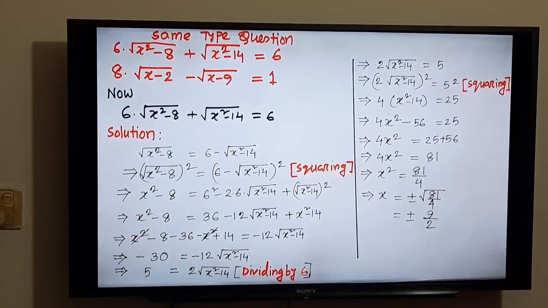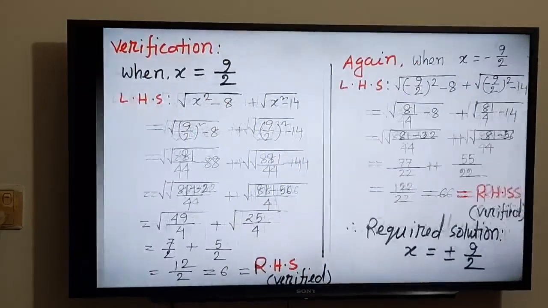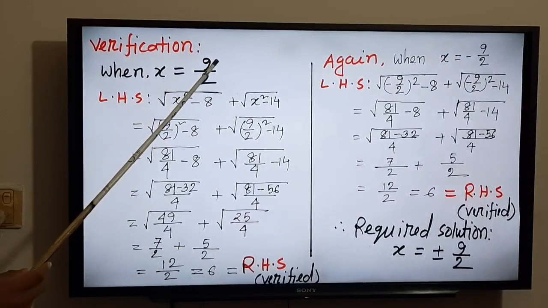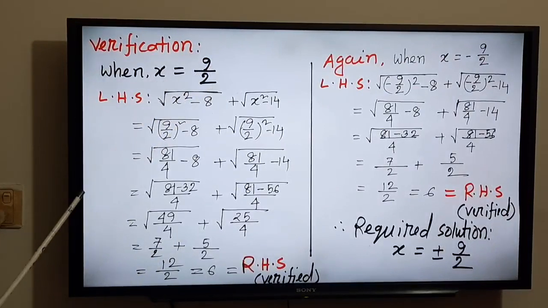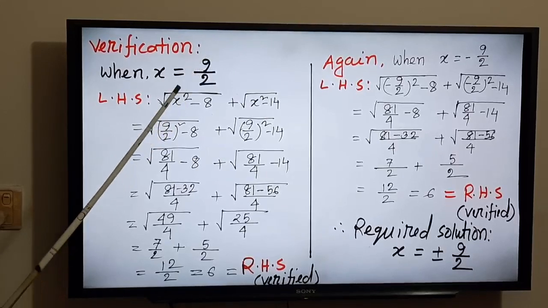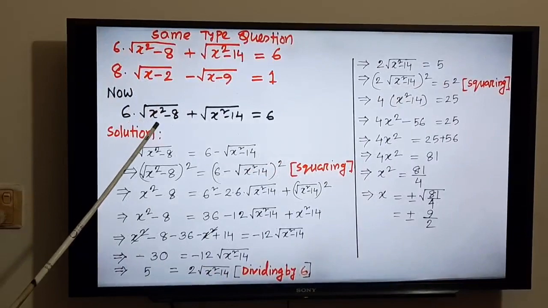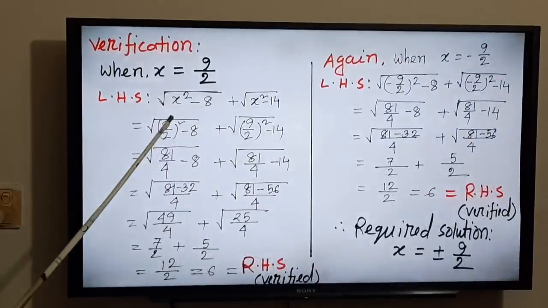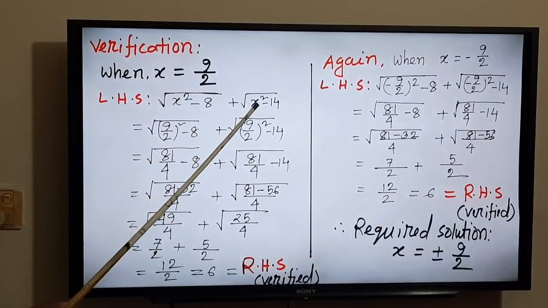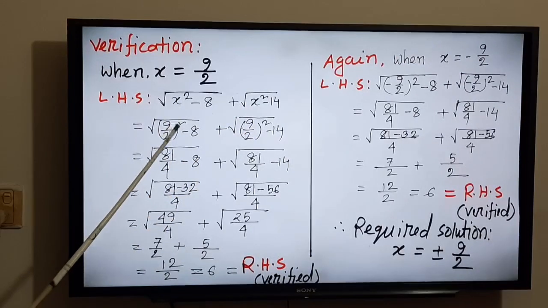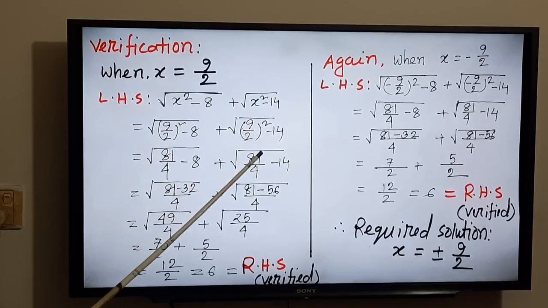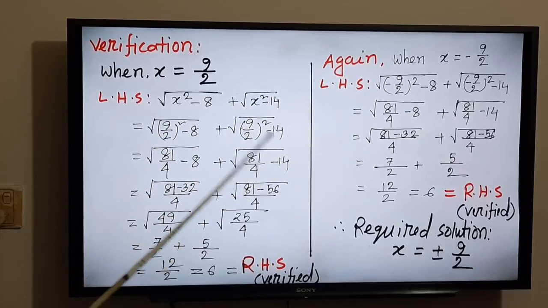Okay, now we want to see the verification. At first we have taken x is equal to 9 by 2. X is replaced by 9 by 2 in the left hand side. In the left hand side, x square minus 8: so 9 by 2 squared, 81 divided by 4, minus 8, and also this term 81 divided by 4 minus 14.